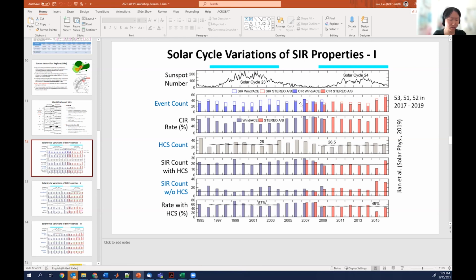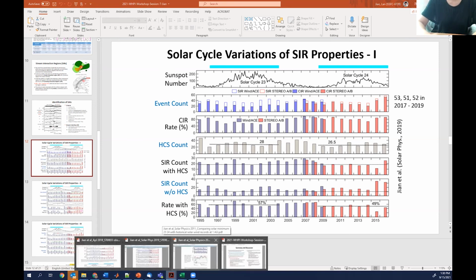Yeah, I don't think so, because it's a basic solar wind observation. It's plasma and magnetic field data, and that quality is sufficient for the SIR identification, so that shouldn't be much of a problem. But of course, I think I showed in one of my papers too. Sorry, if I take too much time, let me know.